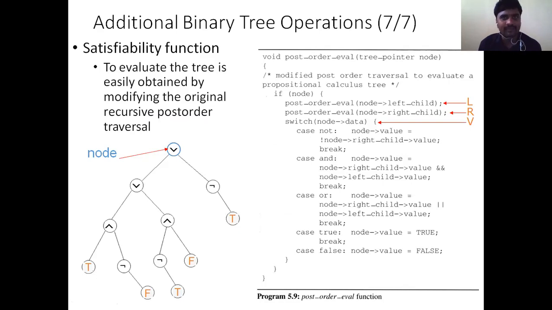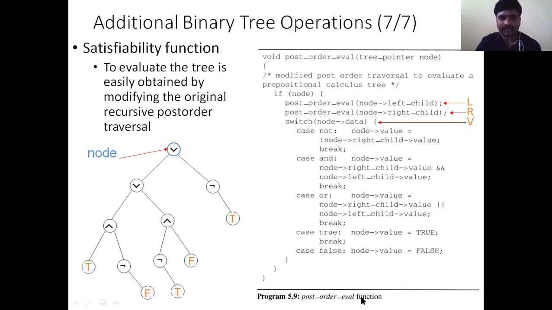Coming to the satisfiability functions, what functions do we have? Evaluating the tree is easily obtained by modifying the original recursive post order traversal. Here the function shows how the node performs different operations in a tree structure.